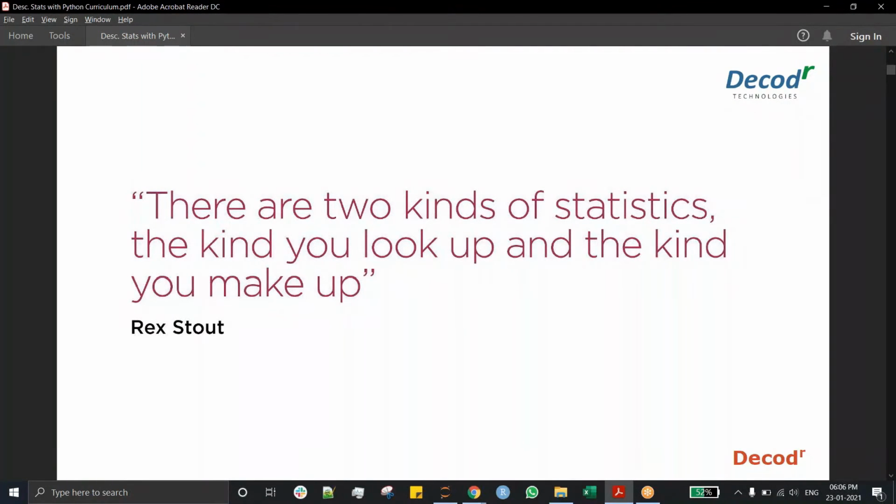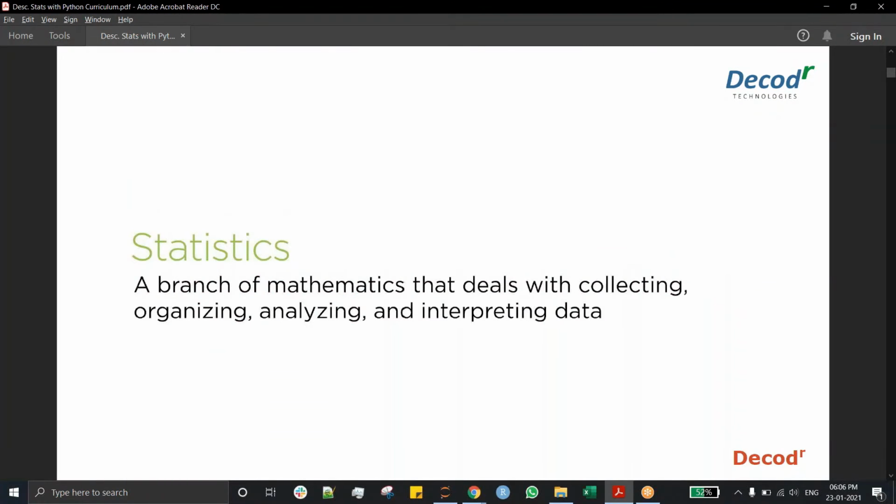In this particular lesson, we'll be talking about the first one, the kind you look up, which basically means the data is there, you just need to understand it. All right, so let us first bring everyone onto a similar understanding of statistics.